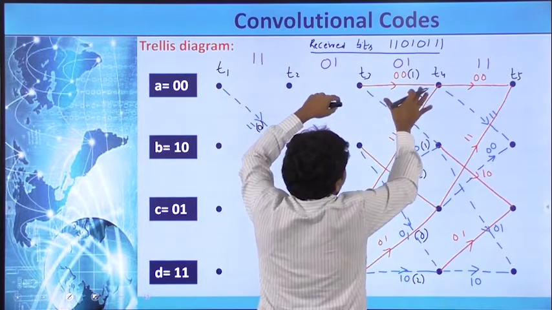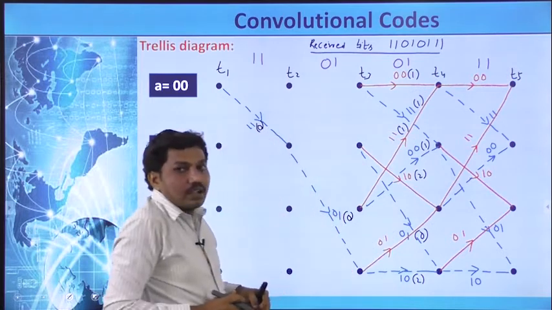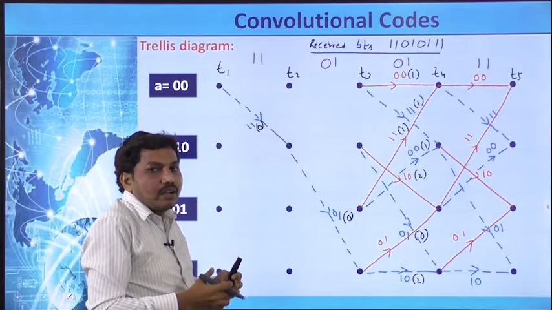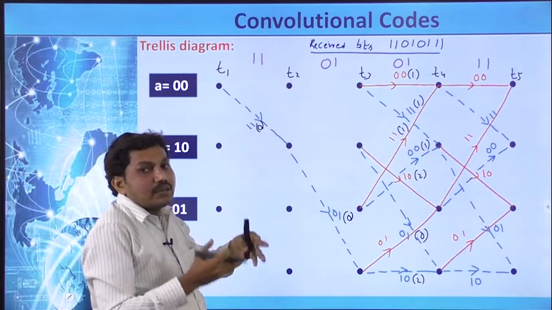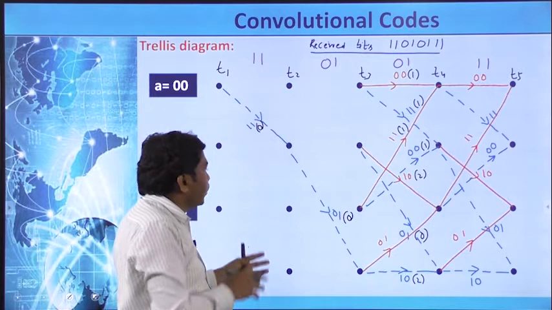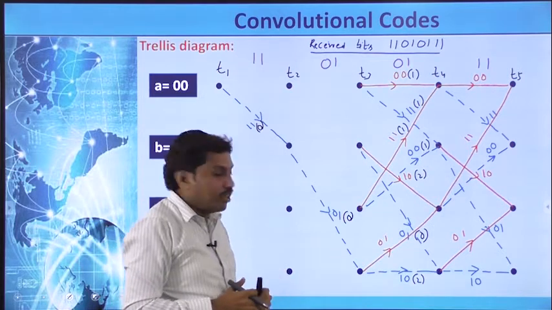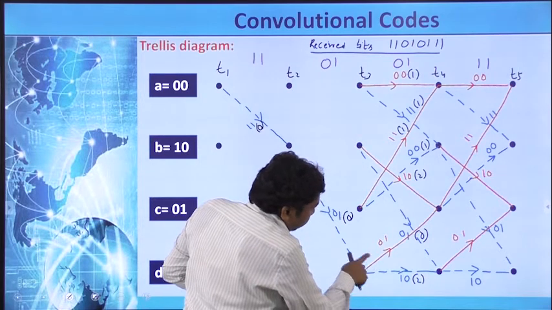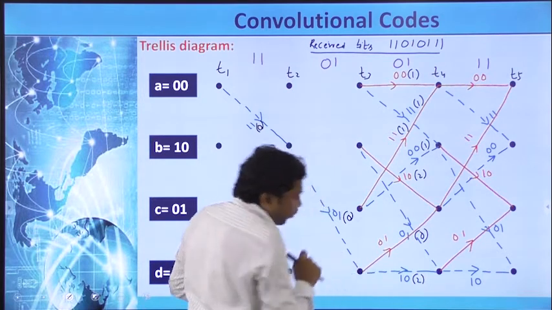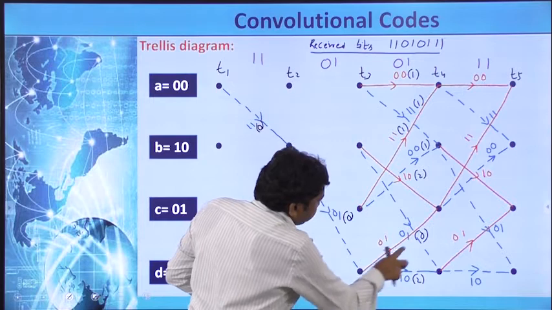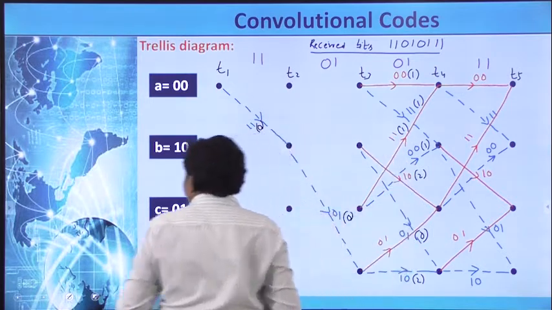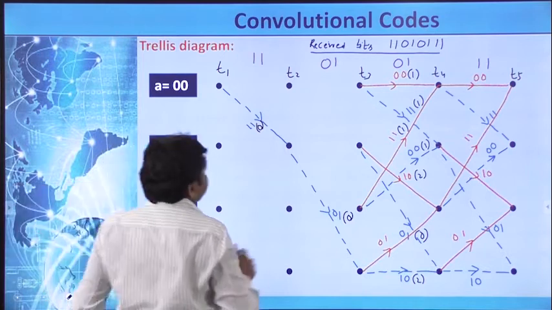So out of all these branches, which branch has the least or minimum metric, that must be connected to the previous path. So that means the previous branch is this one. So here 2 are there. These are the 2 branches. So out of these 2, which is our least metric? 0. This one has the least metric. Discard all the remaining branches.